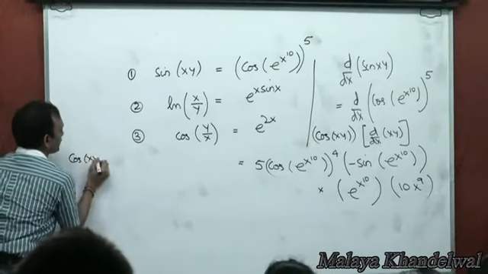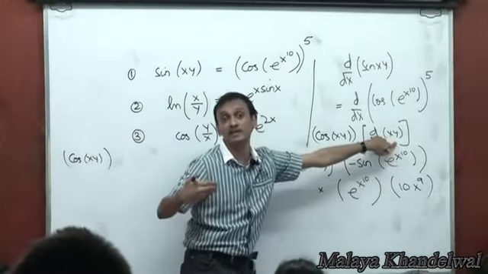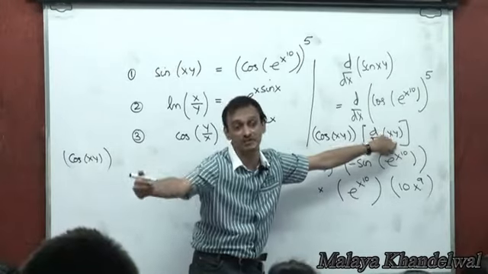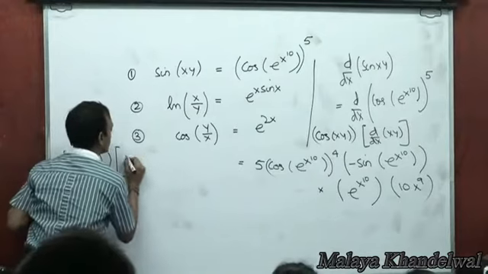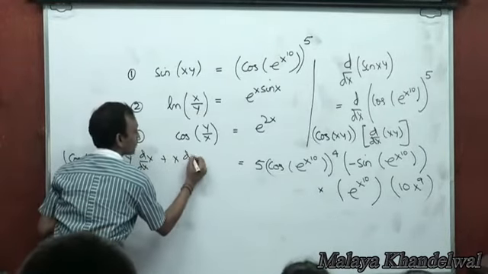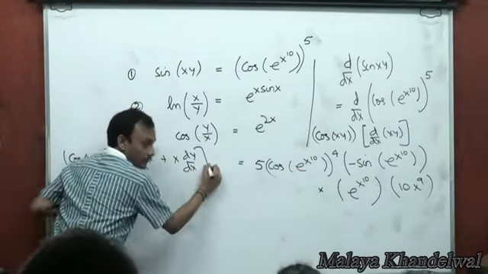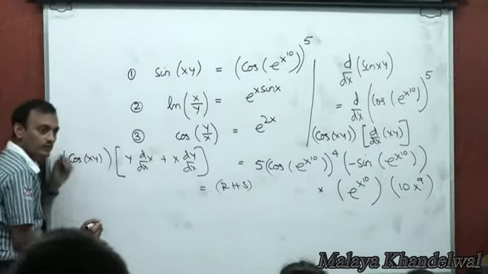Cos of xy, derivative of the product of two functions: derivative of x into y plus derivative of y into x. Right? Equals the right hand side, whatever it is. Okay?